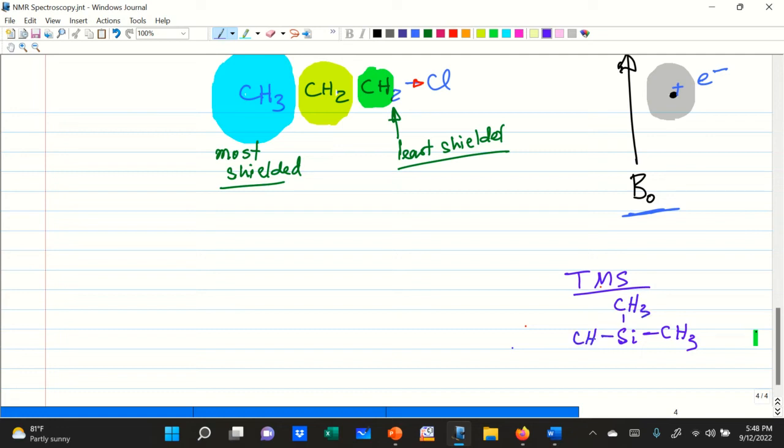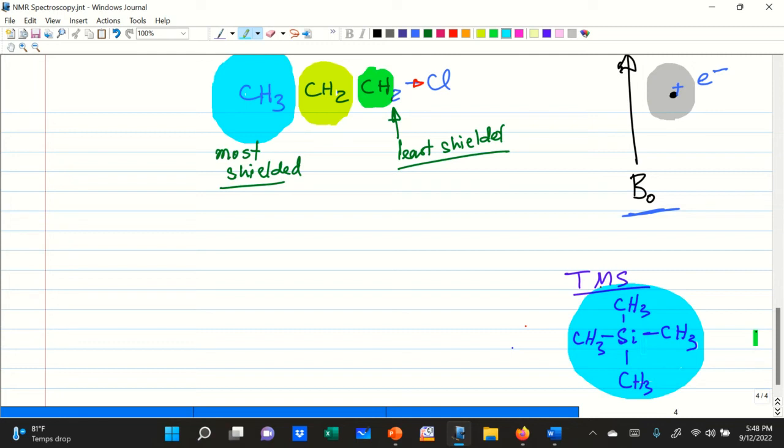It is the highest possible shielding, that is the most shielded, and that is used as a reference because that is going to require the highest amount of external field for it to resonate. Everything else is going to require slightly less than that.